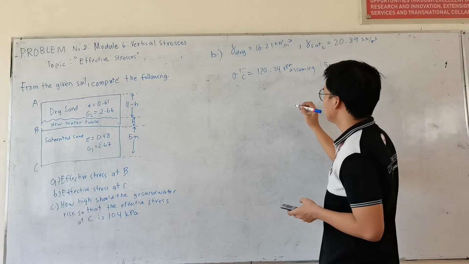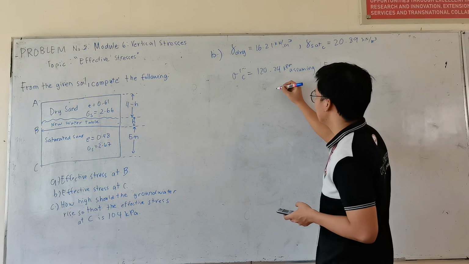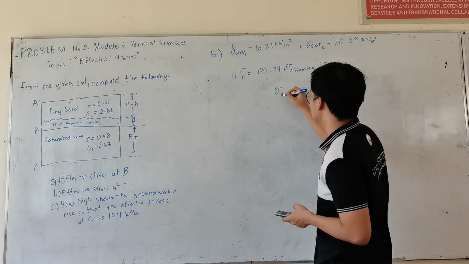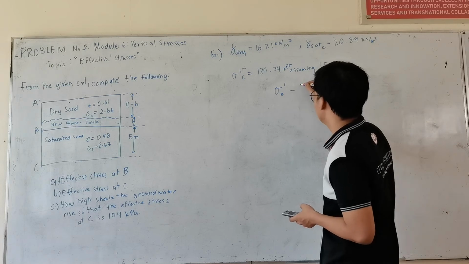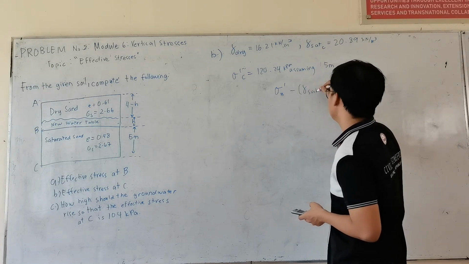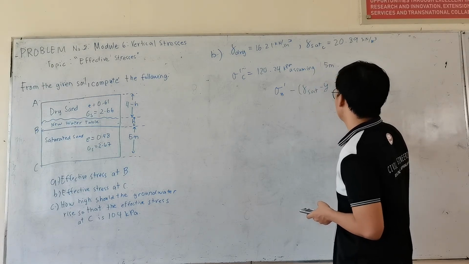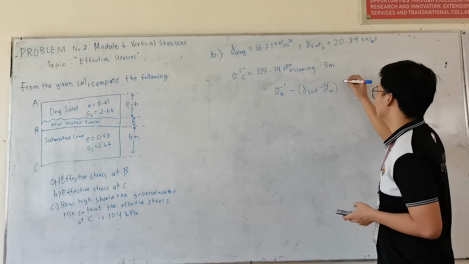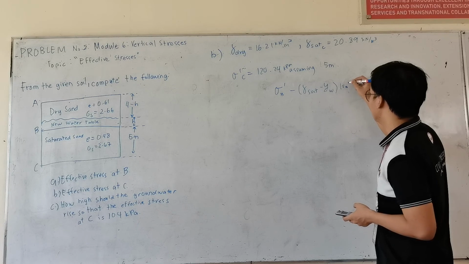So kung mapapansin natin kanina, ang formula natin is total stress sa B, effective stress sa B, minus y sat minus unit weight ng water times yung height ng water table natin, which is 5.